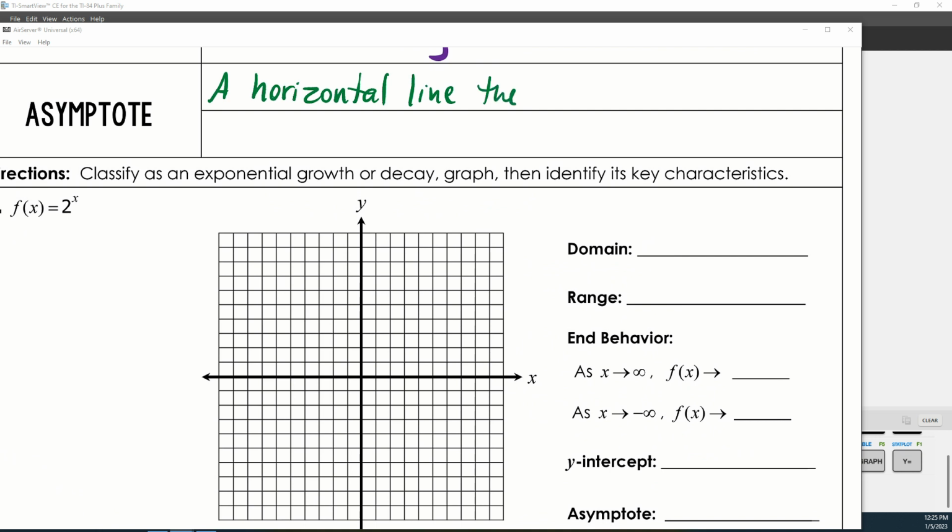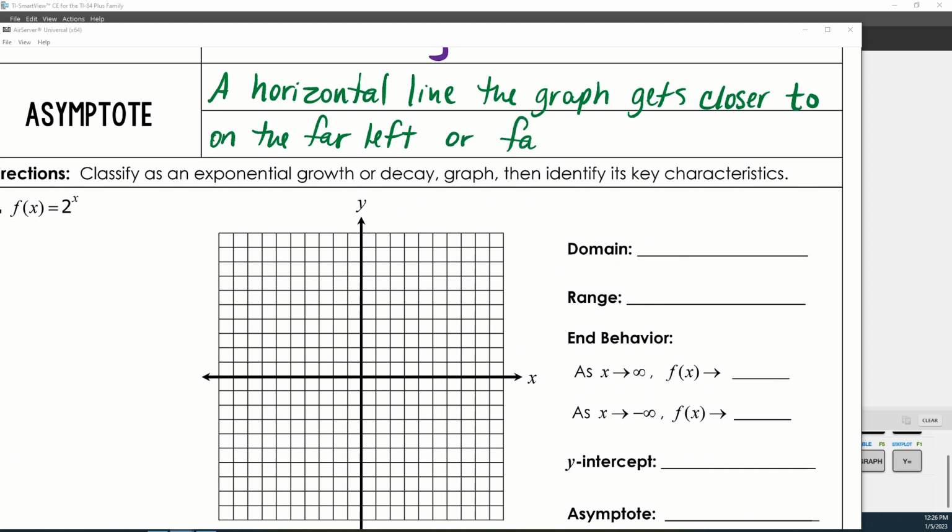The graph gets closer to it on the far left or the far right.